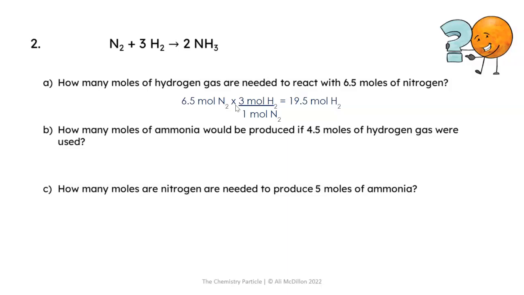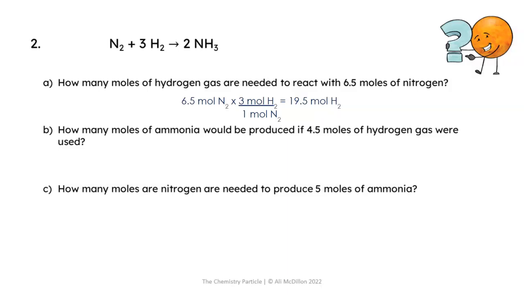Next, we're going to do our mole to mole ratio. We're going to use our ratios as our conversion factor. For every 3 moles of hydrogen, we have 1 mole of nitrogen, right? So 3 to 1. This is just coming from the coefficients. Then you will just multiply through the top. So 6.5 times 3 divided by 1 gives us 19.5 moles of H2. Okay.